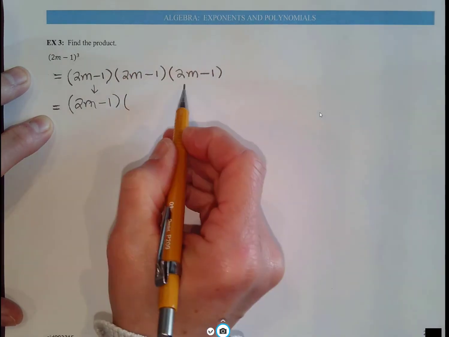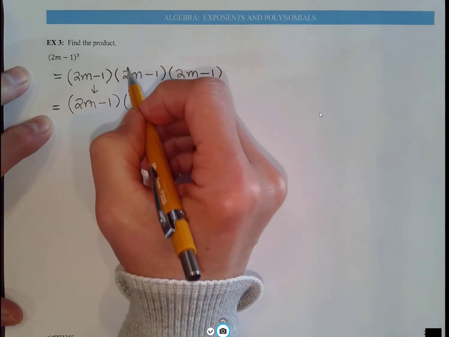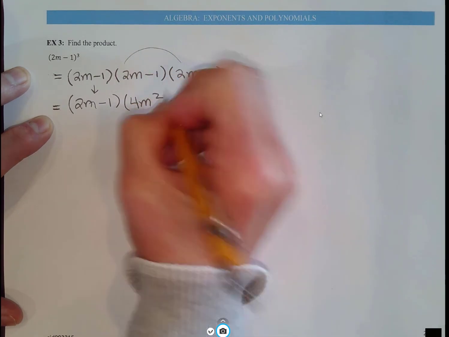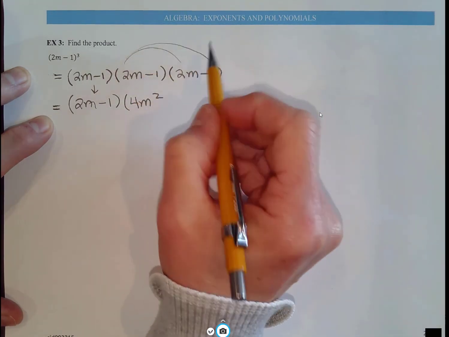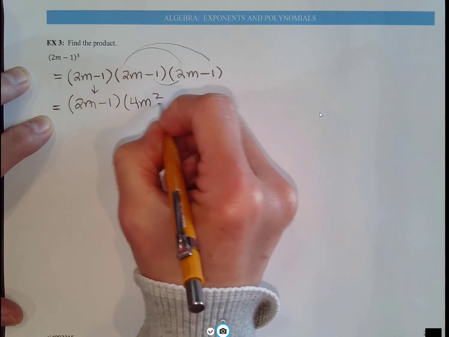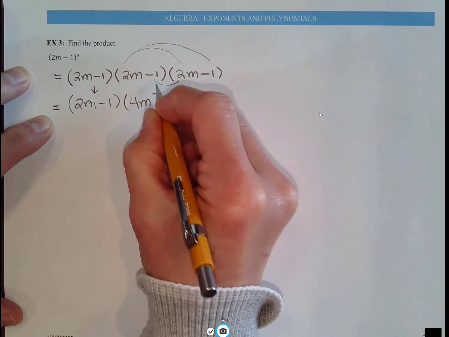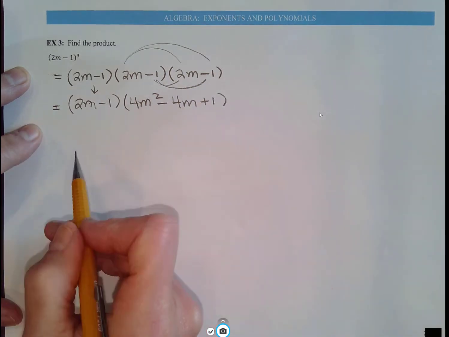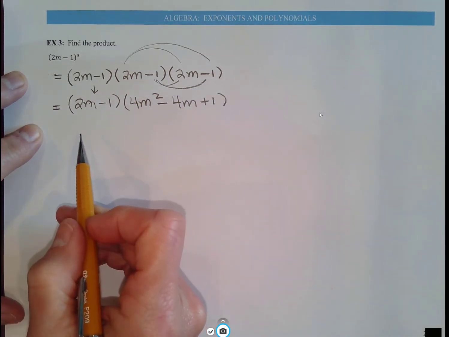And let's go ahead and multiply the second two. All right, 2m times 2m is 4m squared. Minus 2m twice combines to minus 4m. Lastly, plus 1. So we've made quick work of that first step.